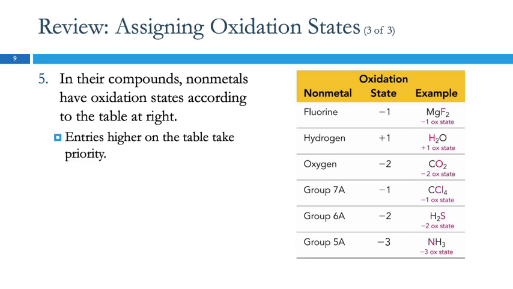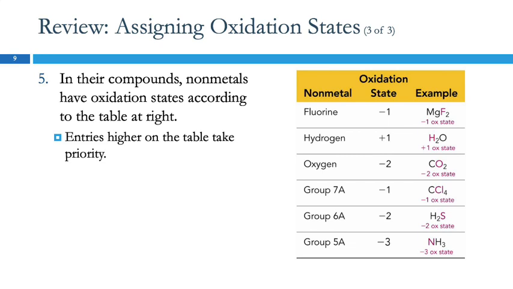So what about the nonmetals? If you're looking at a molecular compound composed of nonmetals, overall the charge is 0. How do you figure out what the oxidation states of the nonmetals are? Well, you use these rules.